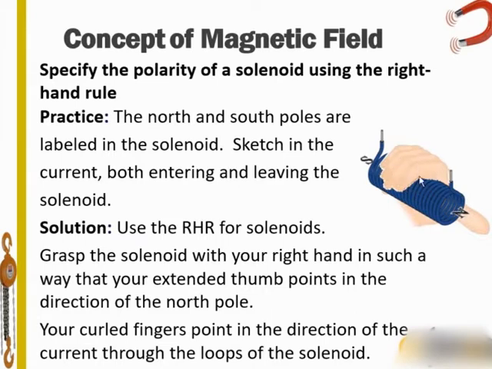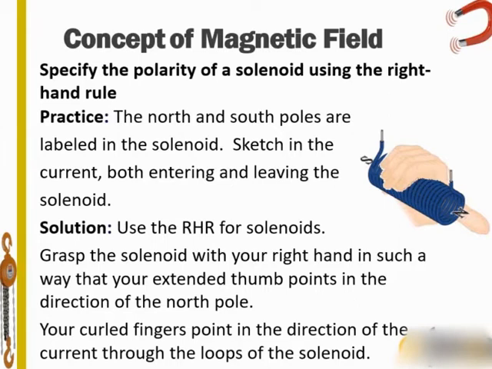And remember, in the right-hand rule with a straight line wire where current is flowing through a straight line wire, then your thumb represents the direction of the current, but it's your fingers that represent the direction of the magnetic field. So don't get the two of them mixed up.